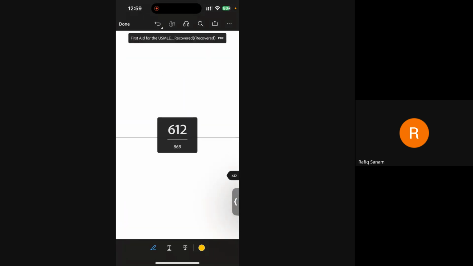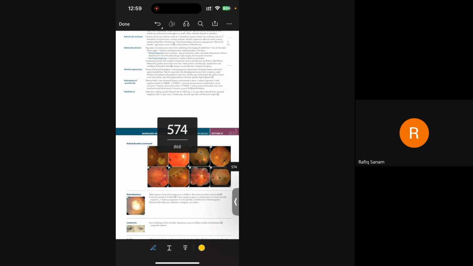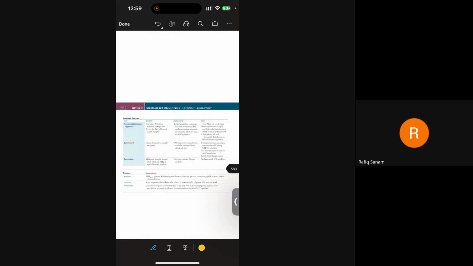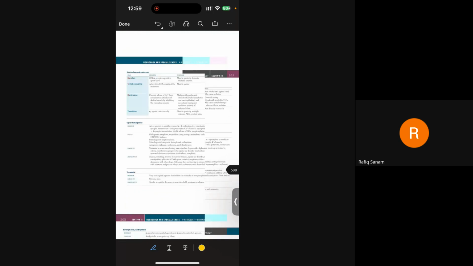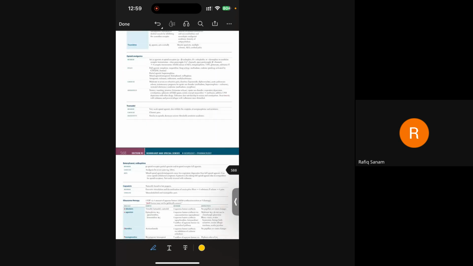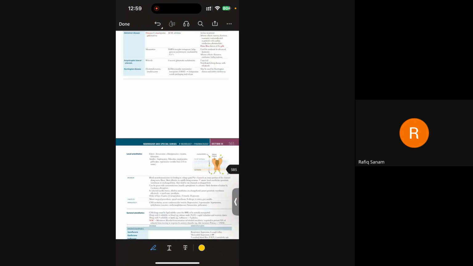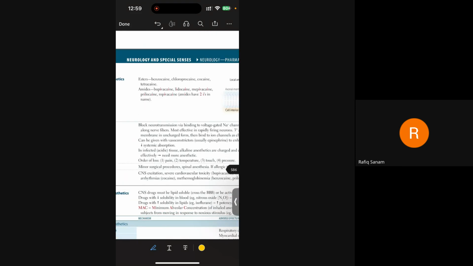For this we first have to find which one is depolarizing. Local anesthetics: benzocaine, cocaine, tetracaine, bupivacaine, lidocaine, ropivacaine.